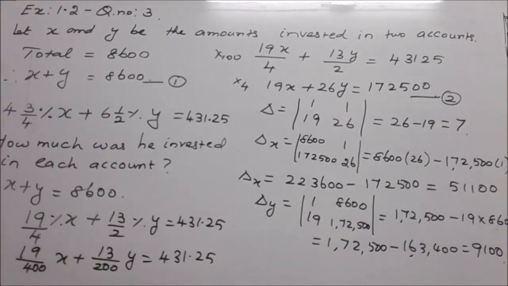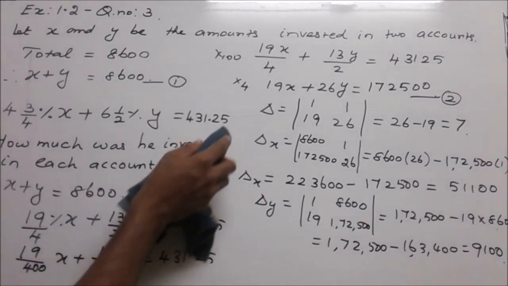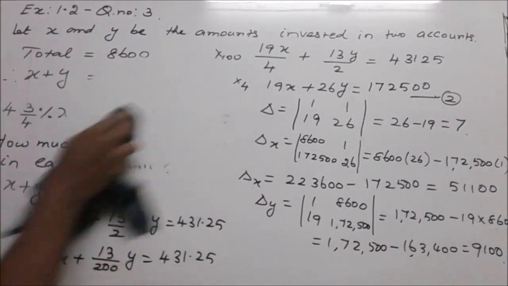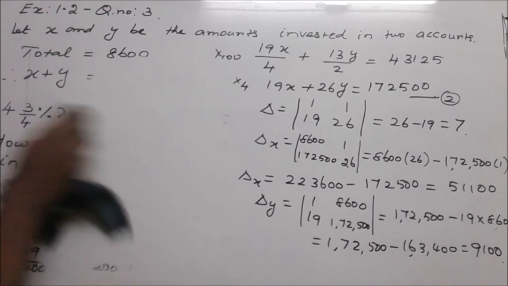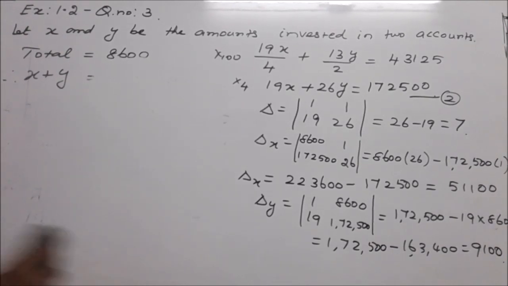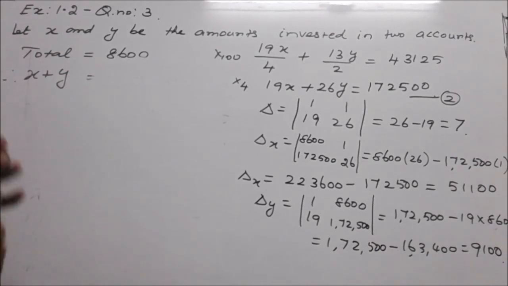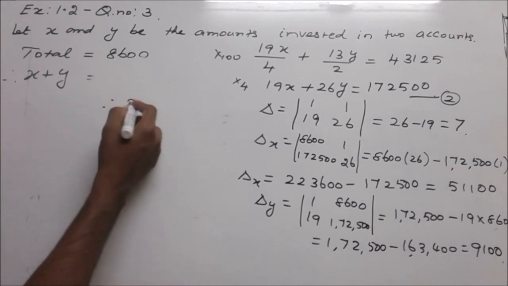Now we are moving to the solution. Solution by Cramer's rule: x is equal to delta x by delta and y equal to delta y by delta.